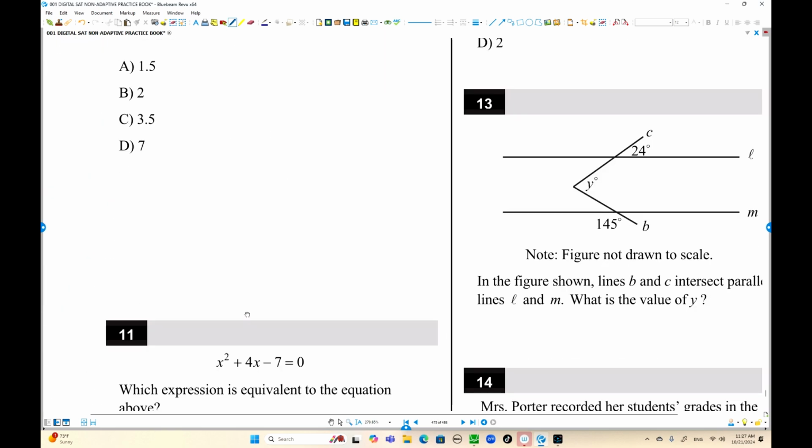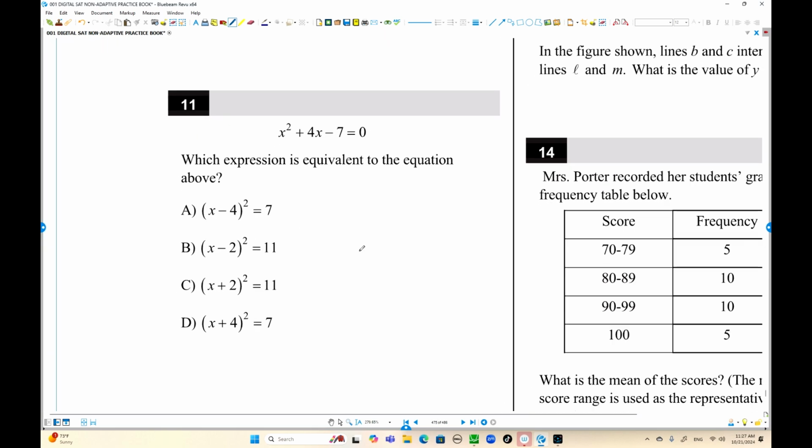There is number 11. Which expression is equivalent? That is completing the square, right? You don't need that. x squared plus 4x, and separate the variable terms and constant terms. But we're going to make a perfect square trinomial, which is 4, isn't it?